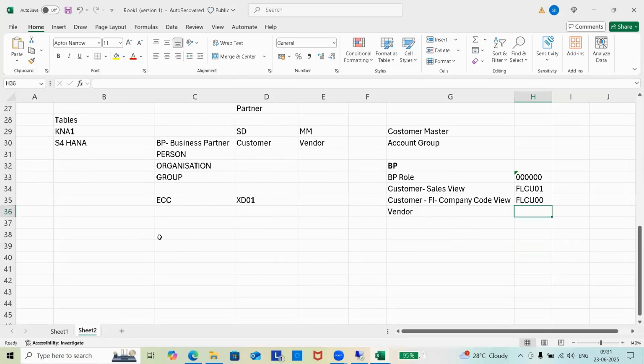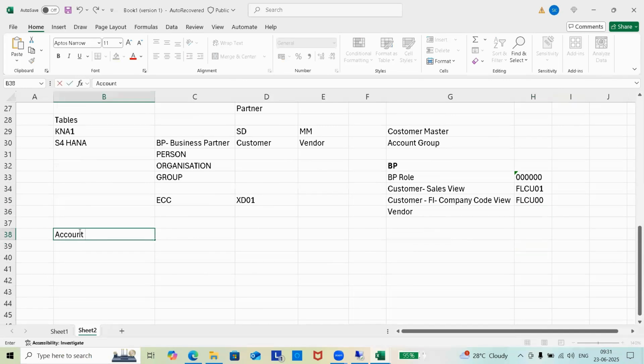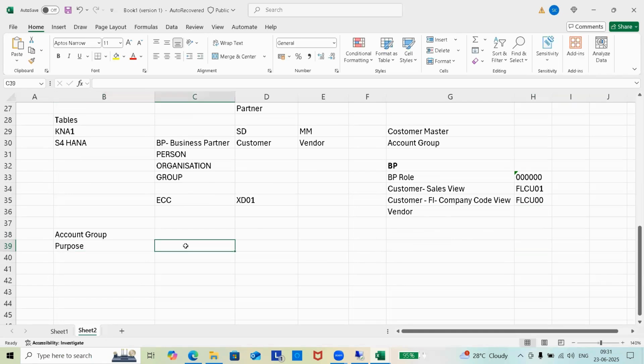Let's understand account group. Account group controls the fields in the customer master.